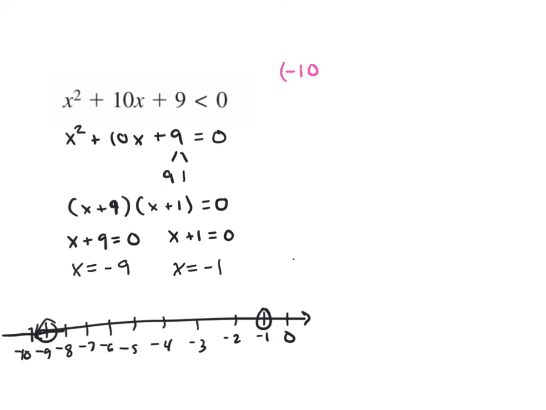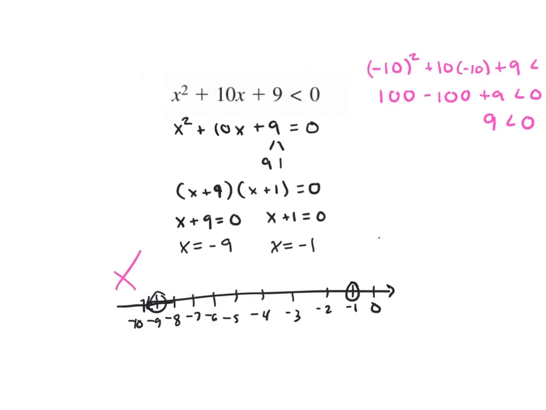So we have negative 10 squared plus 10 times negative 10 plus 9 is less than 0. What is negative 10 squared? 100. And then 10 times negative 10 is minus 100 plus 9. So we get 9 is less than 0. Is this true? No. So the left side does not work.